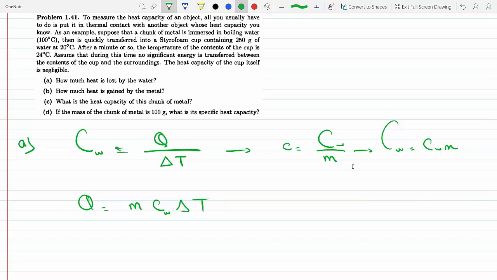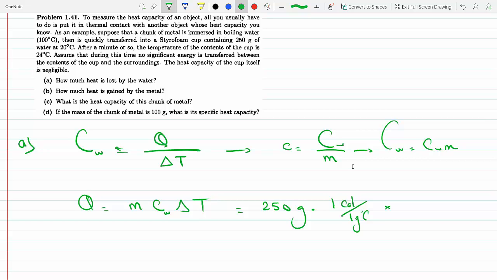And so I know that the mass of water is 250 grams. I know that c for water is 1 calorie per gram Celsius, and I know the change in temperature.